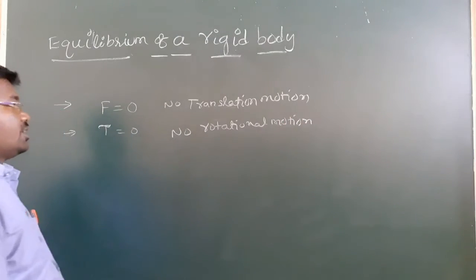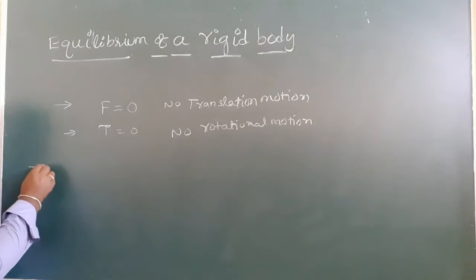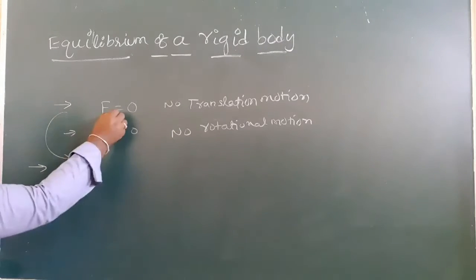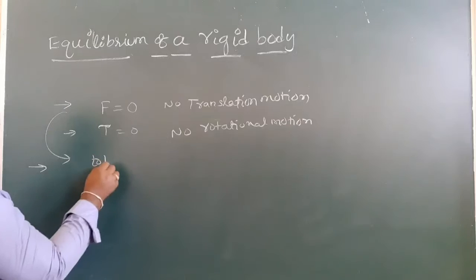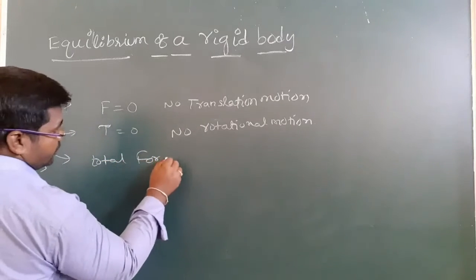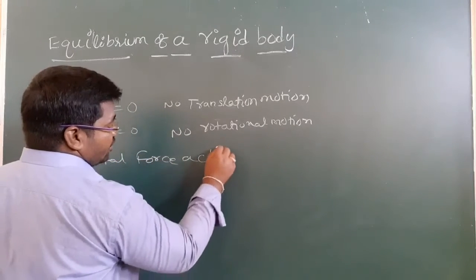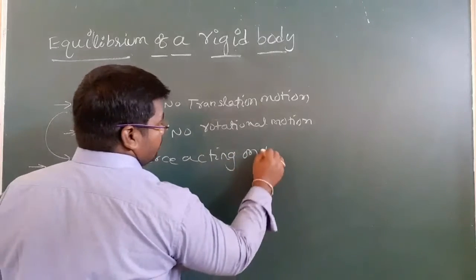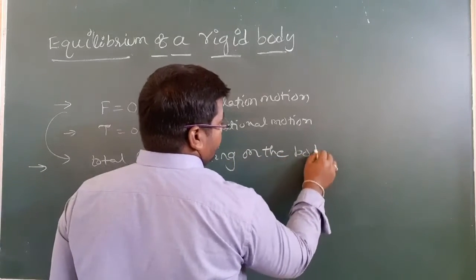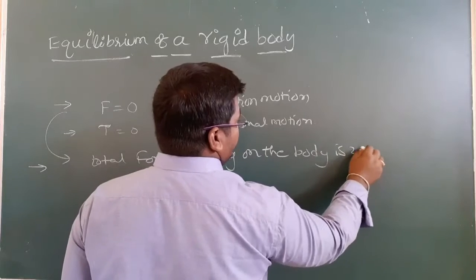Understand? Okay. So first, the total force acting on the body is 0.